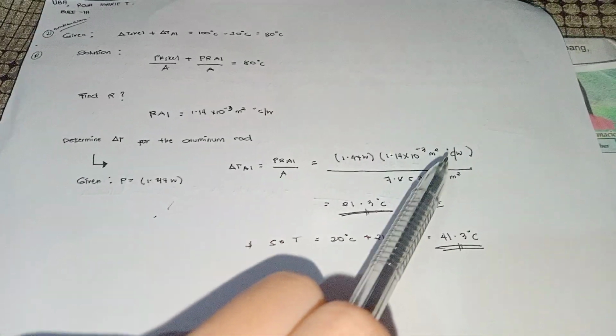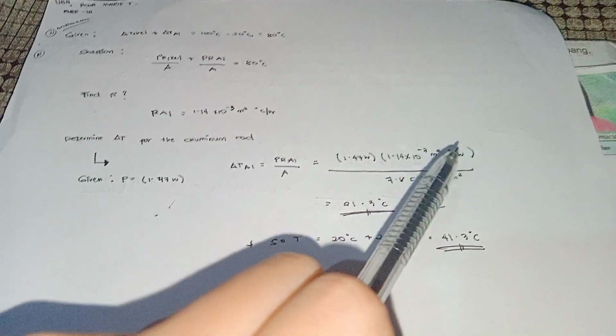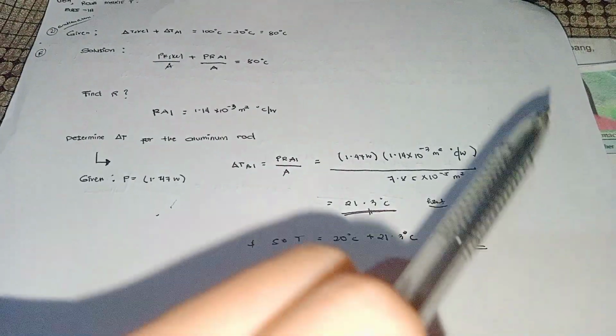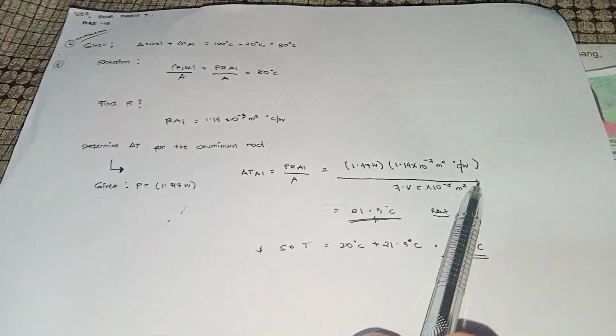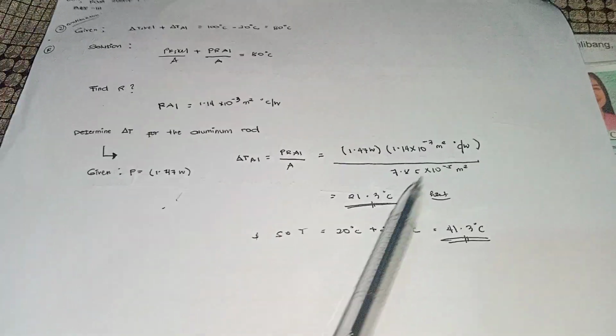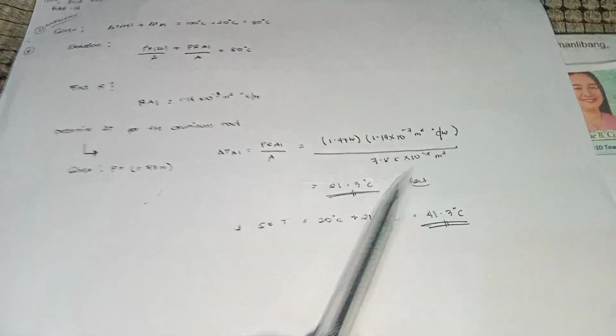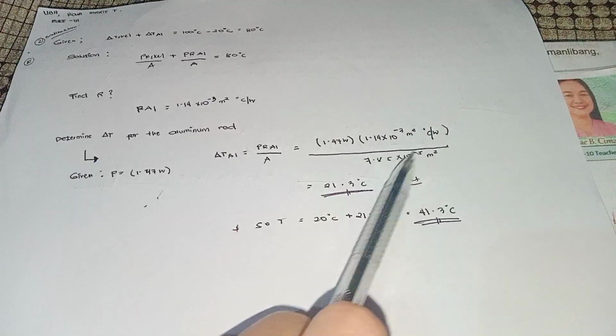Degrees Celsius per W, C over W, and then over 7.85 times 10 to the raised power of negative 5 meters squared.